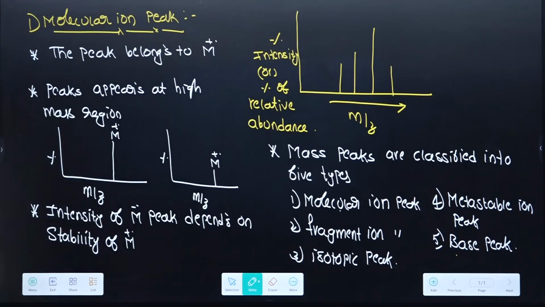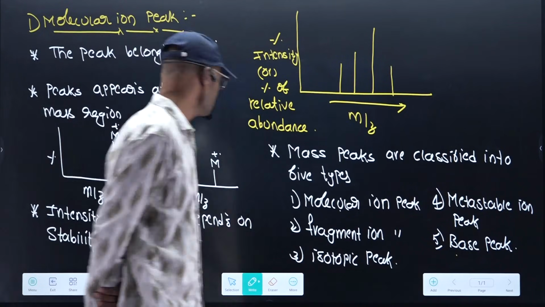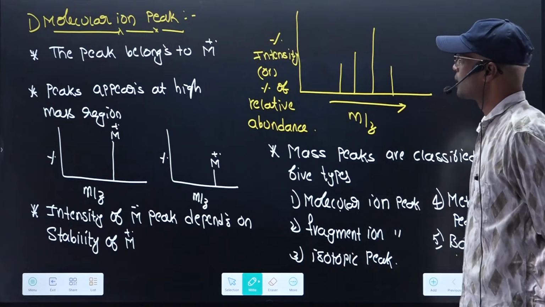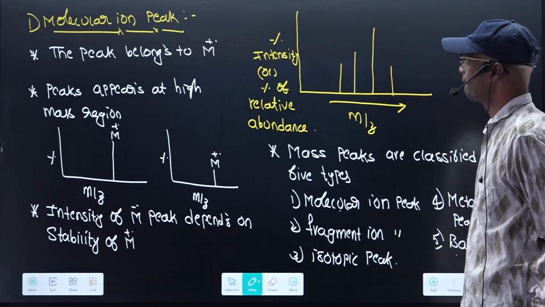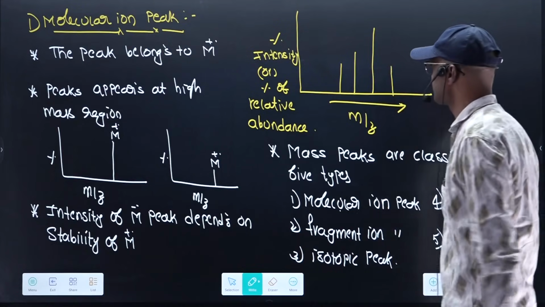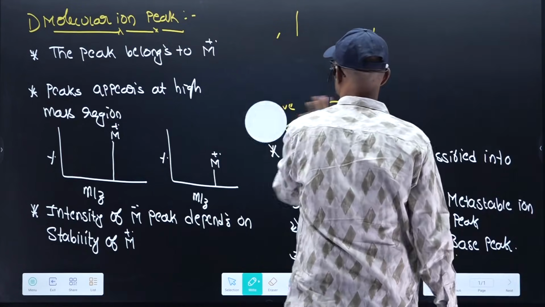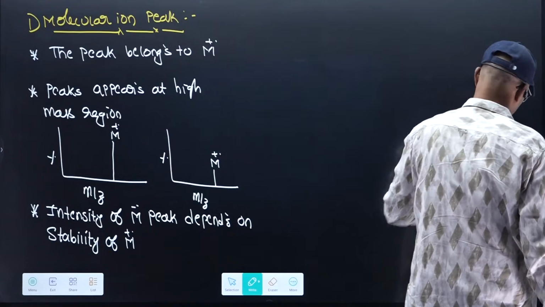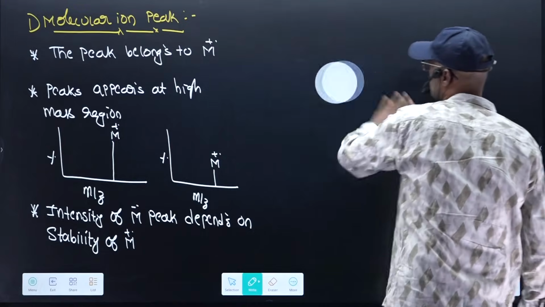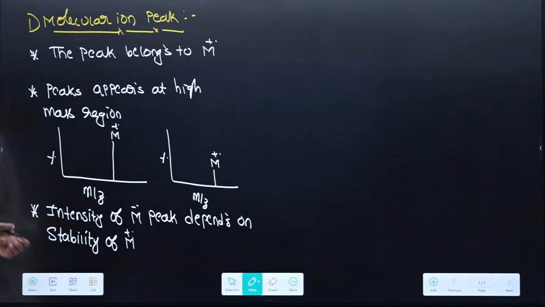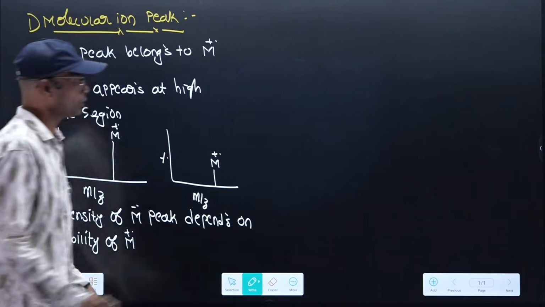Intensity or relative intensity of the molecular ion depends on the stability of the molecular ion.